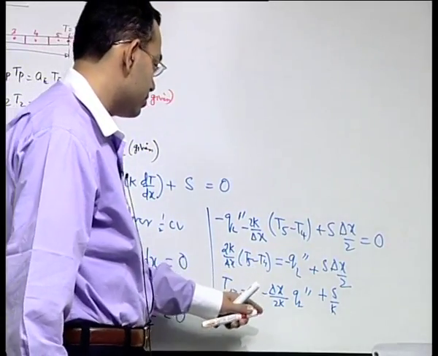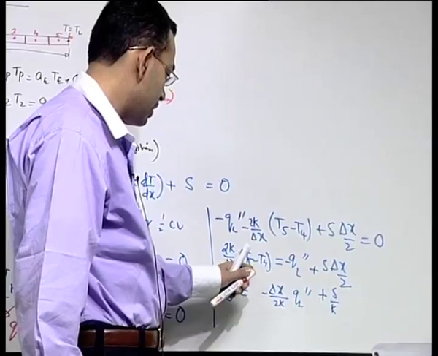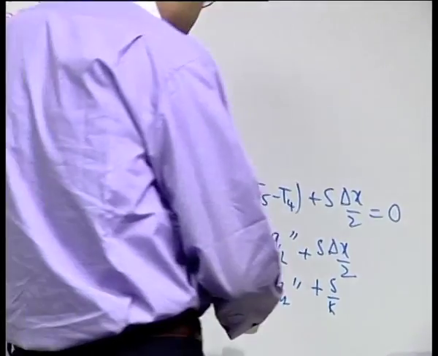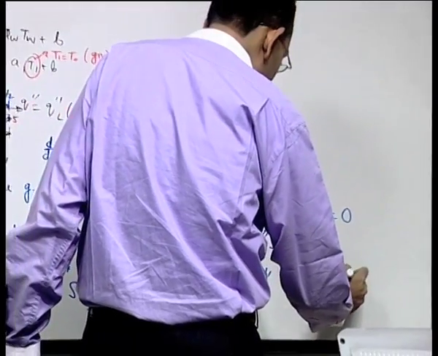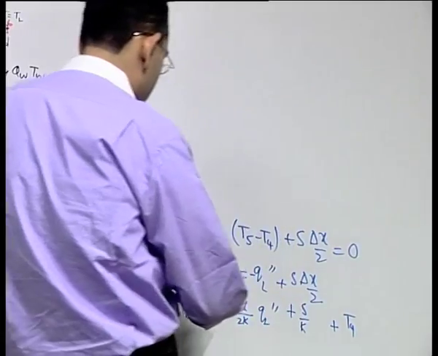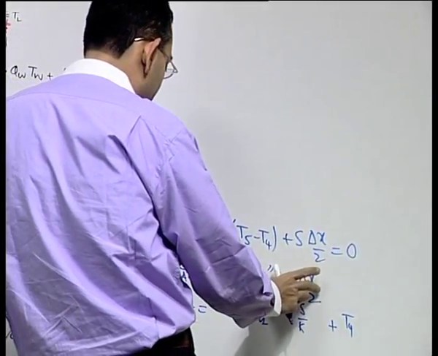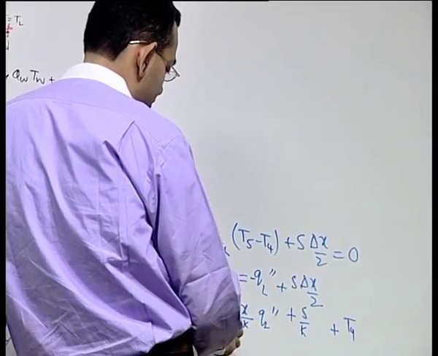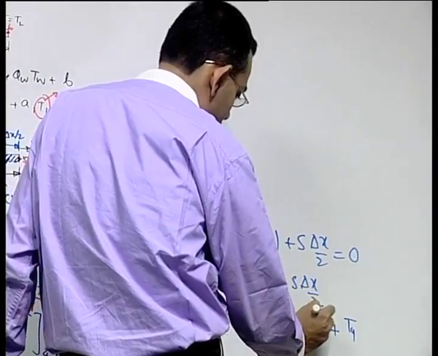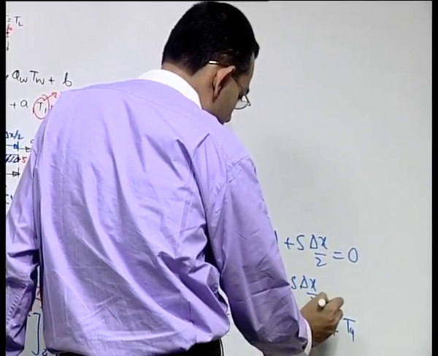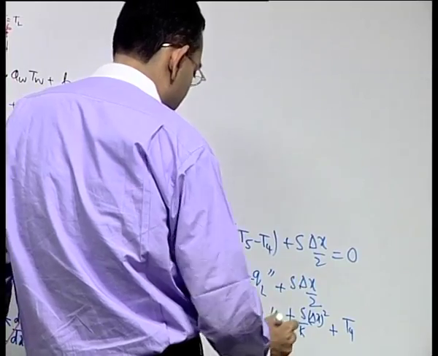So, let us check the algebra. T5 equal to T4 plus something, what is that something that we will write? T4 plus this entire thing times delta x by 2k. So, this one plus s delta x square by 4k.